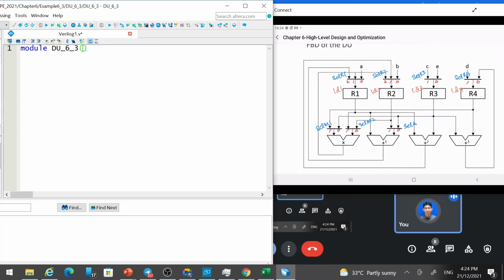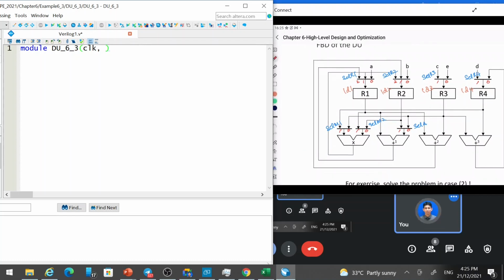And we have the ports that we need to have. Of course, we need a clock, because in the register, although we don't have a label here, CLK, RST. This is common, that the register needs a clock and also the reset. And we have LD1, LD2, LD3, LD4, LD5. No, we don't have LD5.